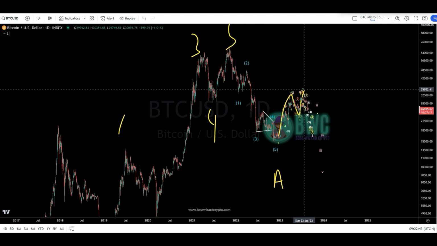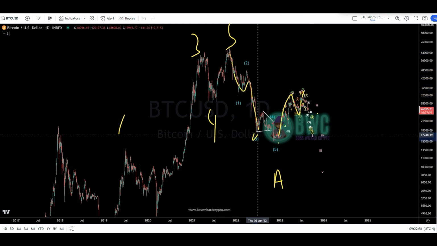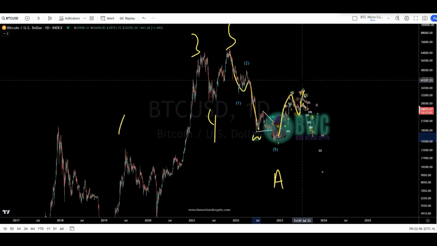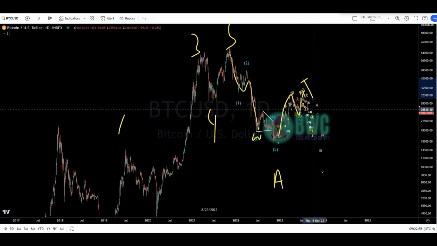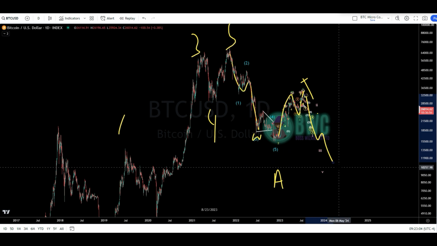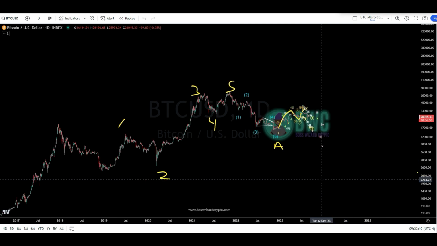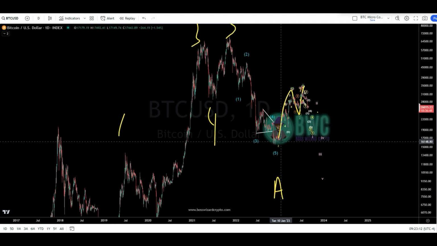But you're going to tell me then you got a zigzag W, you got a flat for your X, you're going to get 3 for your Y, and the whole thing is a combination? Why are you forcing that? There's no reason to force that when you have an isolated, valid impulse.